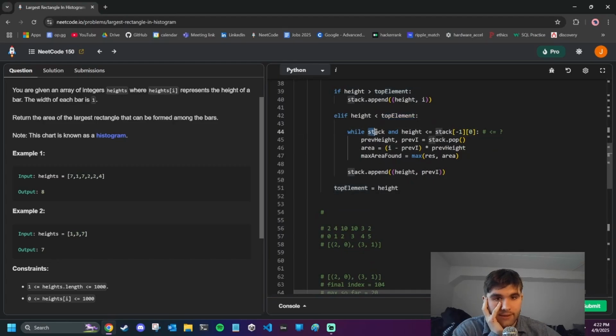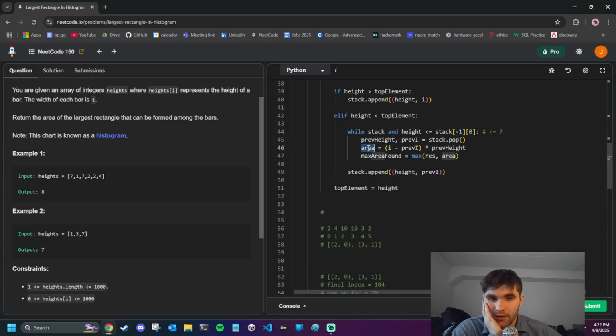So in this case, now this is true. So height, which is 2, is less than the top of the stack's height. So 2 is less than 3.